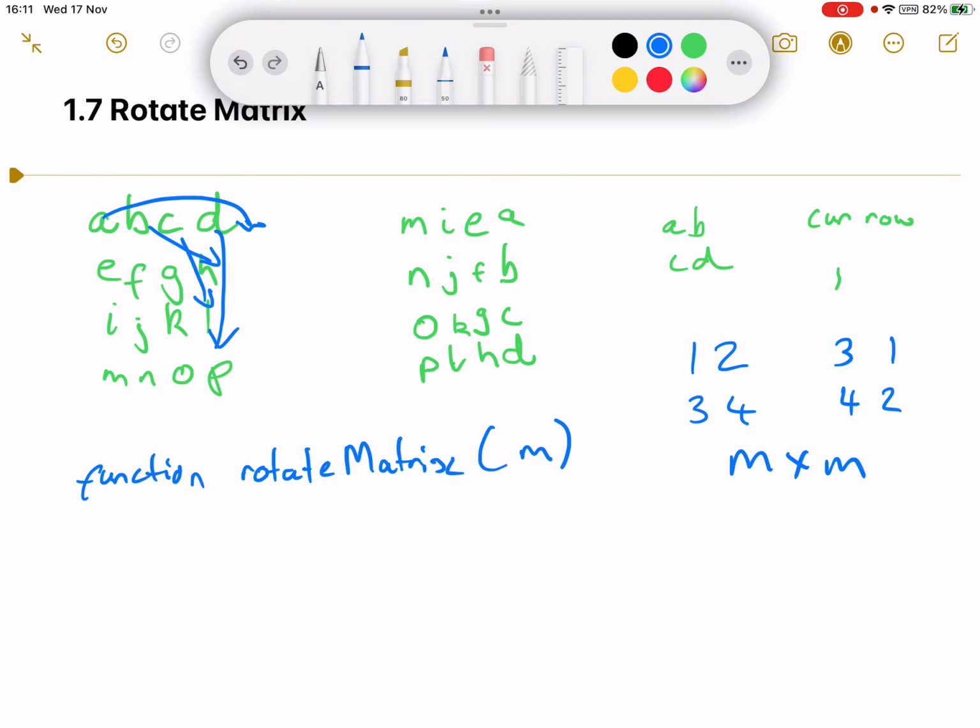So let's try and go outside in. That goes here, that goes here, that goes here, that goes here. It's a circle of life, but I'm not singing that, I'm not being DMCA'd.